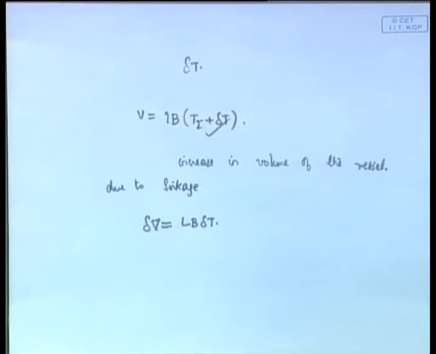Now there is a change in buoyancy of the ship. Some weight of water is added, and the ship sinks by an amount delta T, which is the change in draft. As a result there is a change in volume of the ship, delta nabla equals L B into delta T, where L is the whole length of the ship and B is the breadth of the ship, into the change in draft.